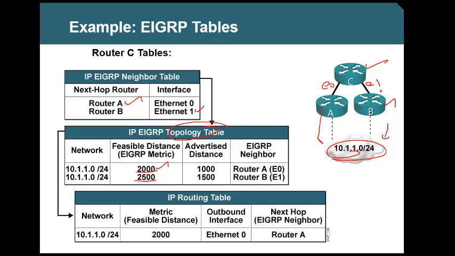This is the backup. This is the primary. The primary is called the successor route. The backup is called the feasible successor route. So the routing table will have only the successor route. You see, the route whose metric is lower is what we see in the routing table for the destination 10.1.1.0.